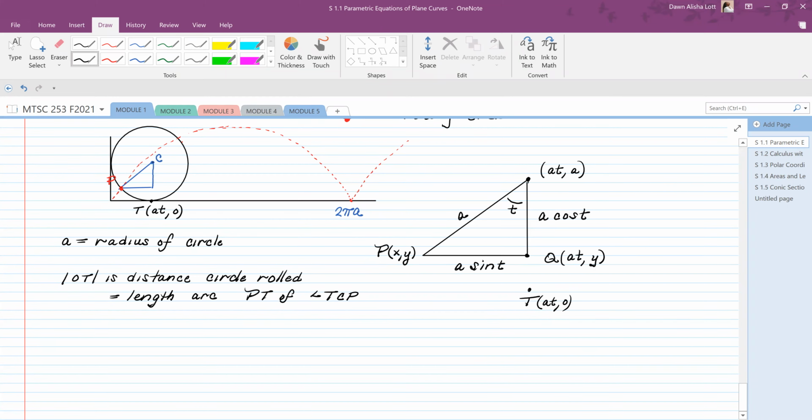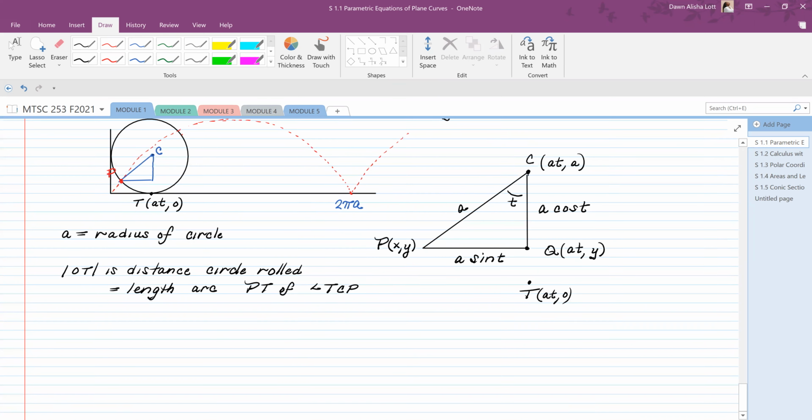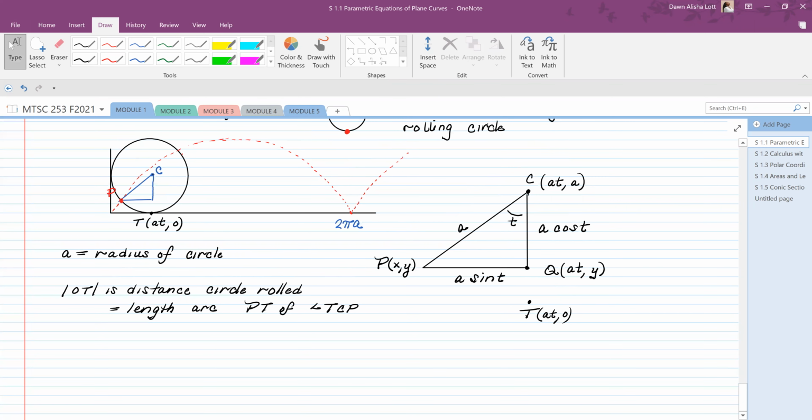So you see the angle TCP now. All right, so that's the angle, and the distance rolled is the length of the arc that goes from P to T. That would be right here if it was in this picture.